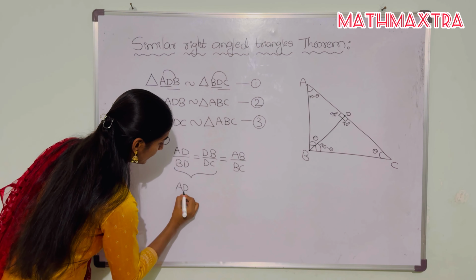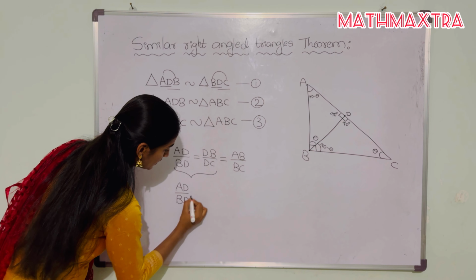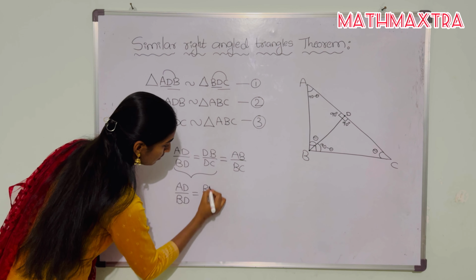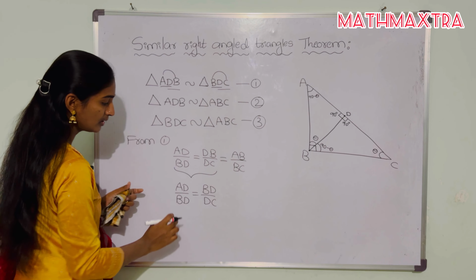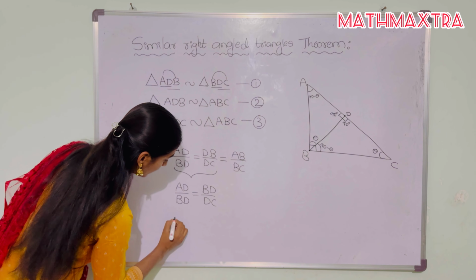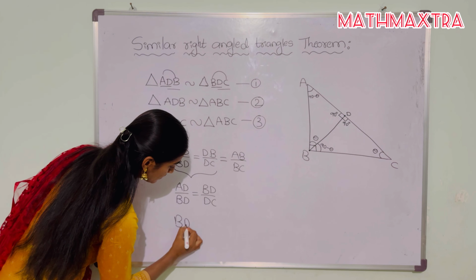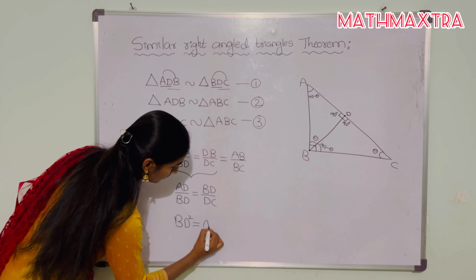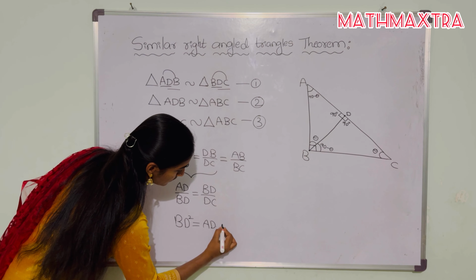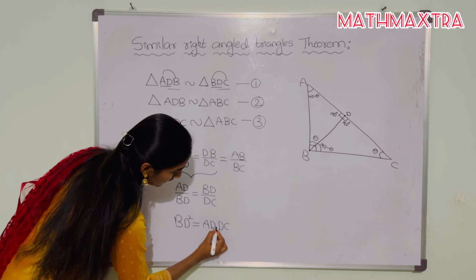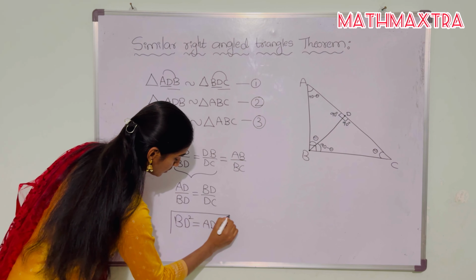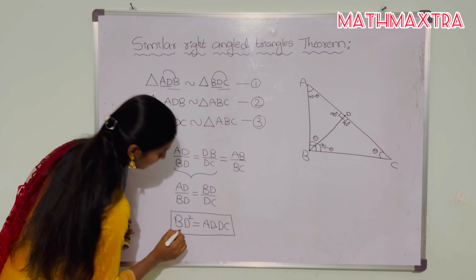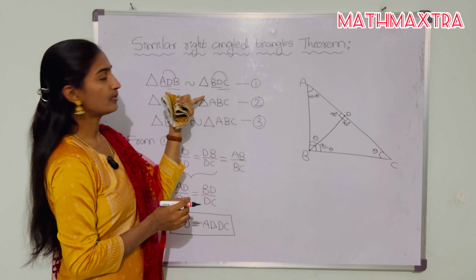So from this relation, if you take these two, observe AD by BD, which is equal to BD by DC. From this, we can conclude BD square is equal to AD into DC. So this is the one conclusion we have drawn from the first two parts of the right angle triangles.